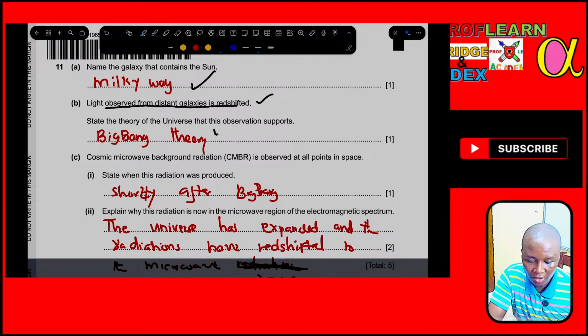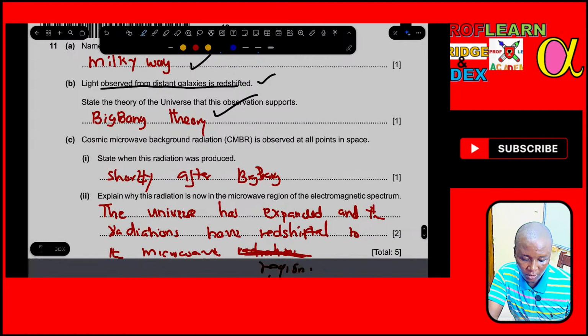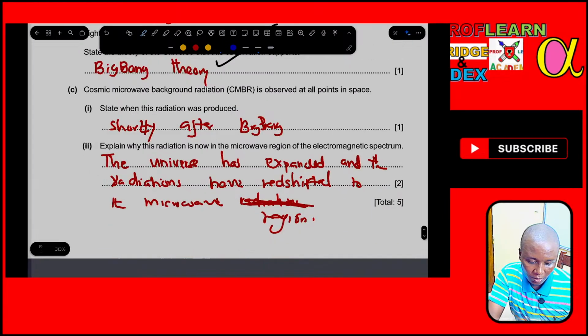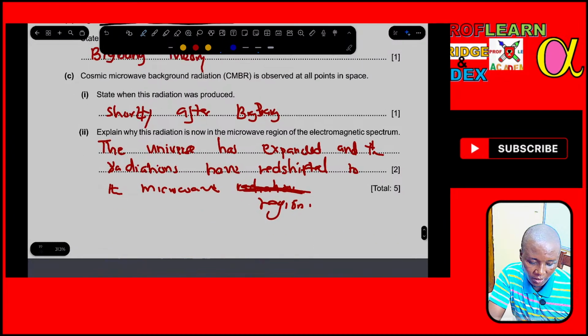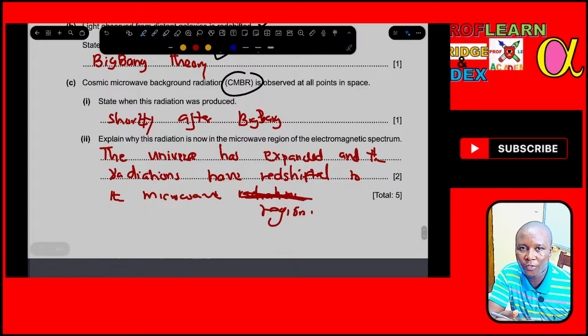This is Big Bang theory, and this is supported because the universe is expanding. Also, CMBR is one of the evidence that indicates that the universe originated from the Big Bang. This is what we call cosmic microwave background radiation, which is always present in the environment. It means they were created shortly after the Big Bang.